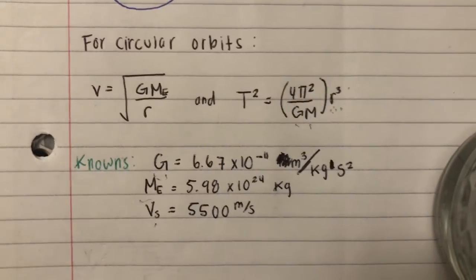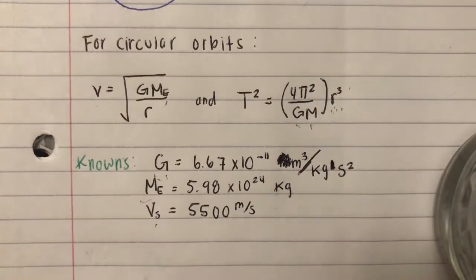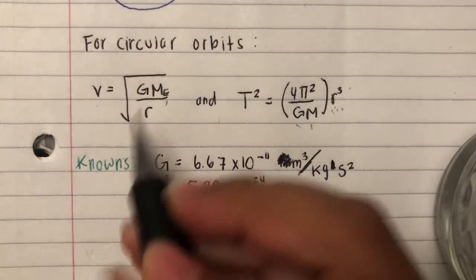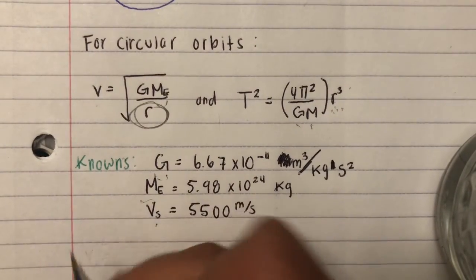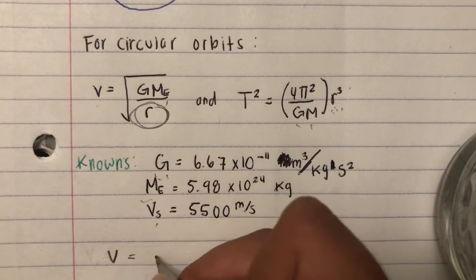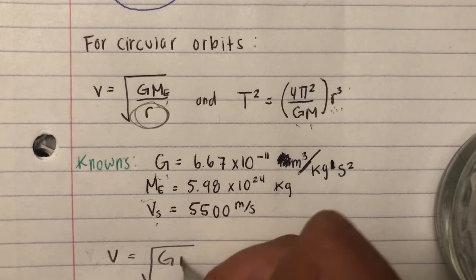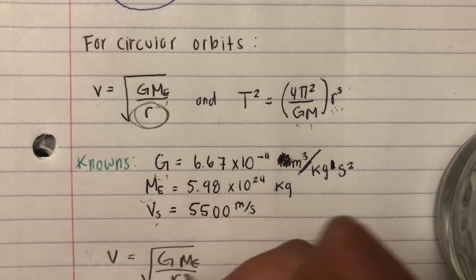So we first want to start off with this equation. We want to solve for r, the radius. I'm just solving for r right now.